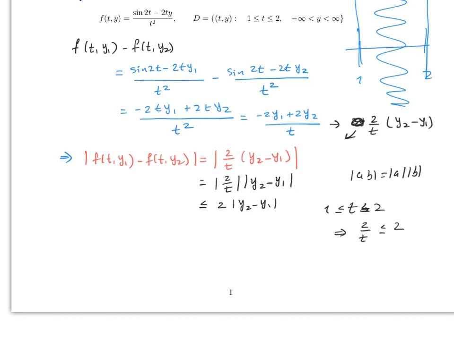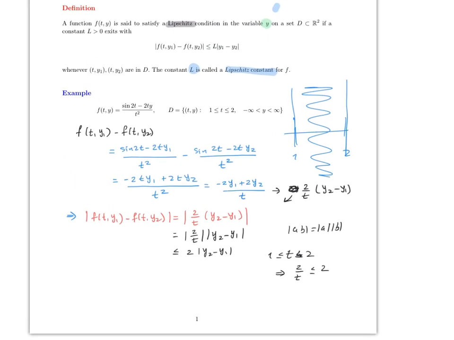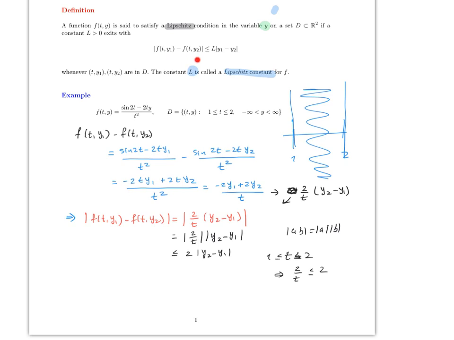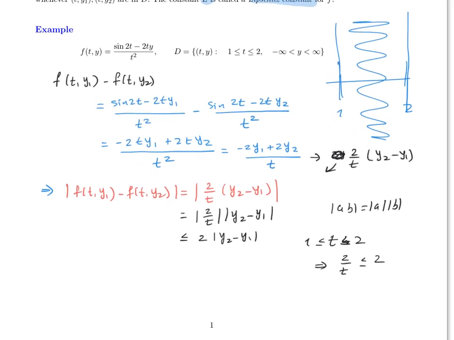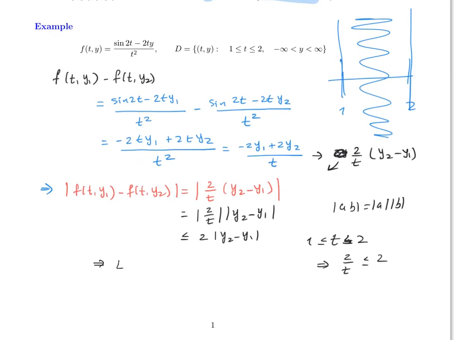So here you can see that this satisfies the Lipschitz condition, and the value for the Lipschitz constant is 2. So L is equal to 2. This is how you are going to check if a given function satisfies the Lipschitz condition on y. Okay, so let's move on to the next page.